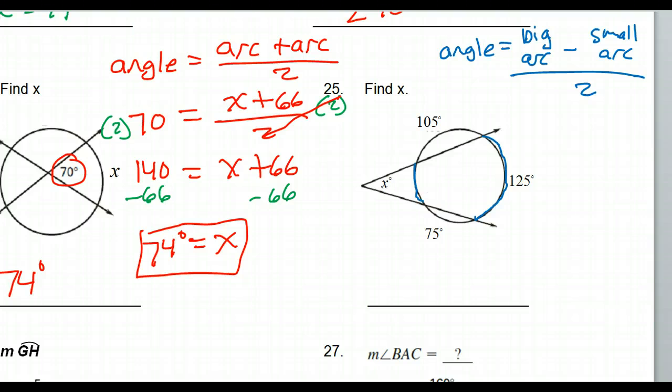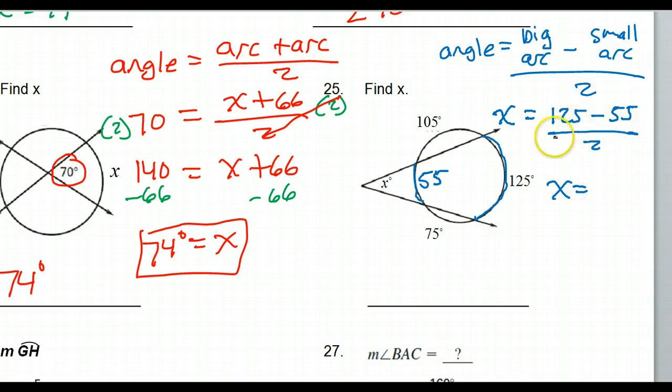So I'm going to go ahead and put that in. So this arc is 55. After that I can just use the formula. So x is going to equal the big arc, which is 125, minus the small arc, divided by 2. Just put that in your calculator. So that comes out to be 35 degrees.